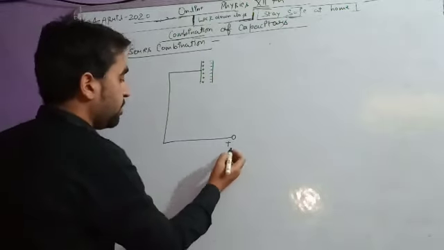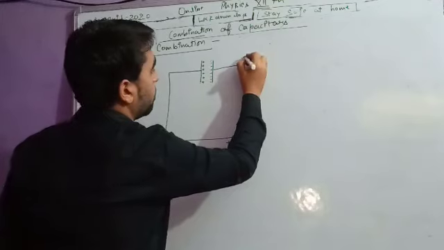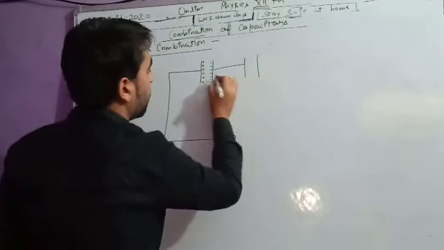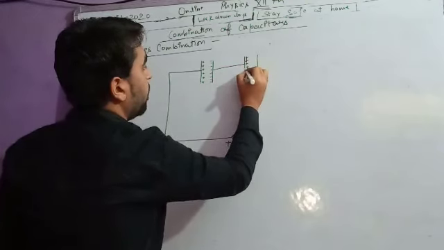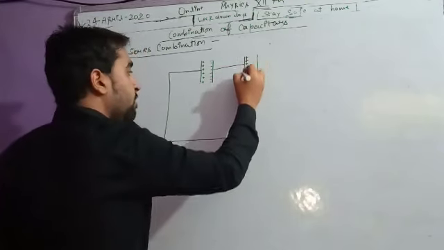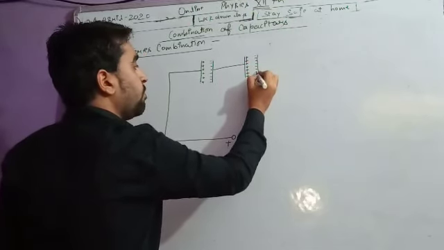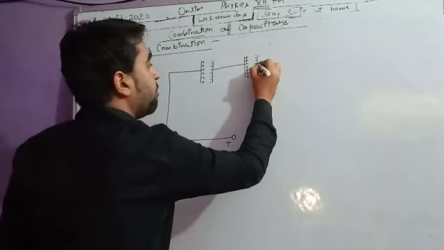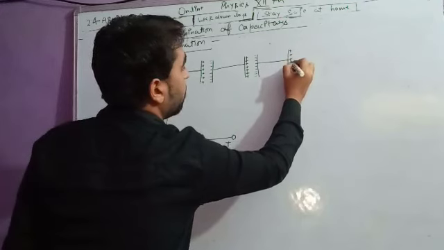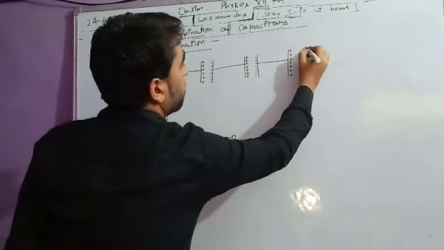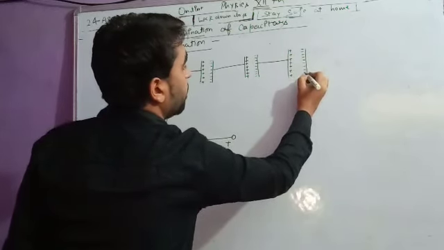Now, because this is a higher, positive potential, I have connected another capacitor here. Because of this negative plate, all the positive charge will accumulate on this plate, and because this plate is positively charged, all the negative charge will be induced here. And because this plate is negatively charged, suppose I arrange one more capacitor, all the positive charge will accumulate here, and because of this, the negative charge will be induced on this particular plate.